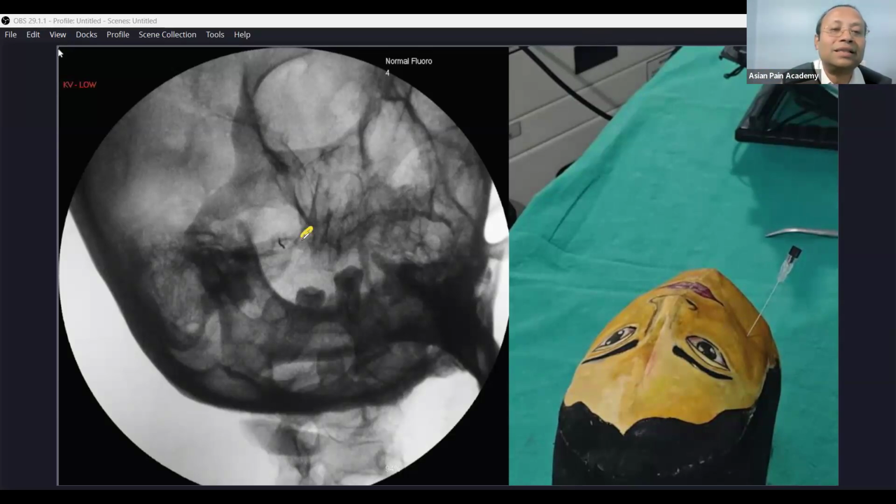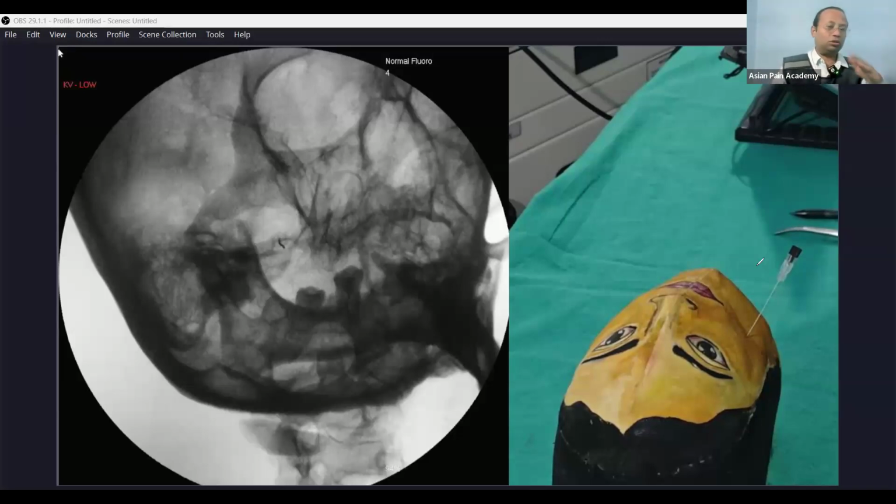See here, this shadow is there, this side some shadow is there, so you can get confused. If the foramen ovale is not like an oval, in that case it helps us. But when you are seeing the oval very correctly, then your target is always the foramen ovale and not the surface landmarks.